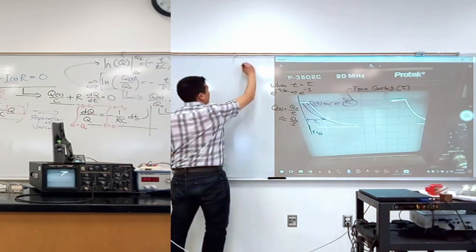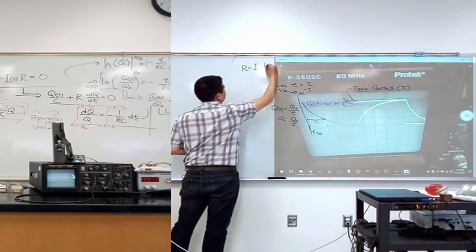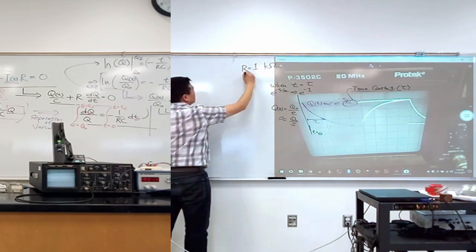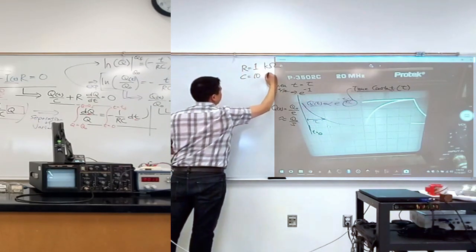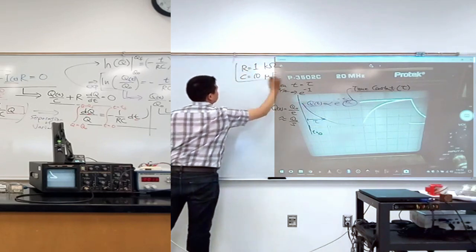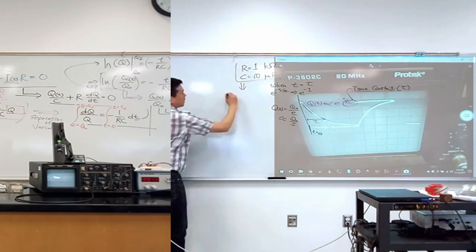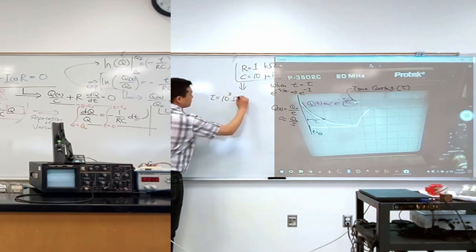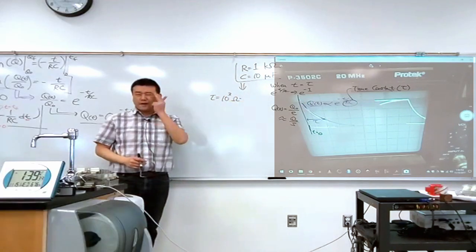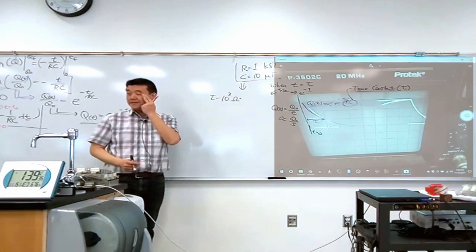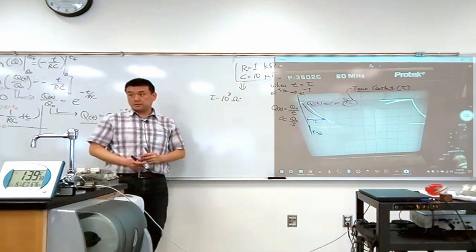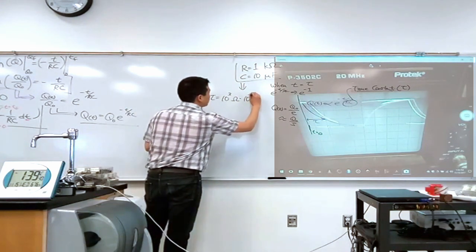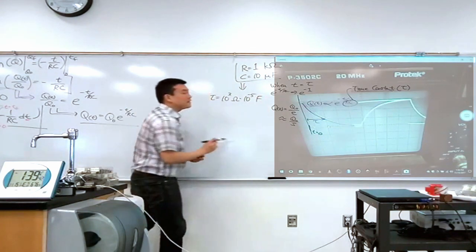So here I have R equals 1 kilo ohm, and the capacitance of 10 microfarad, meaning my time constant tau is equal to 10 to the 3 ohm times 10 microfarad, which will be 10 times 10 to the minus 6 farad, or 10 to the minus 5 farad.